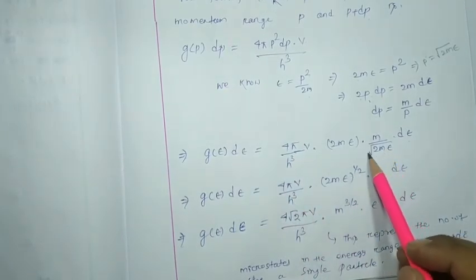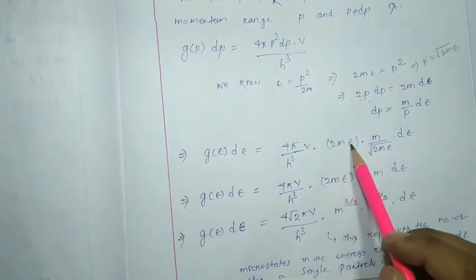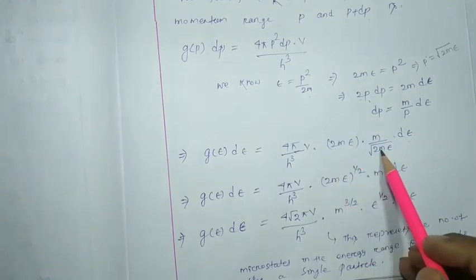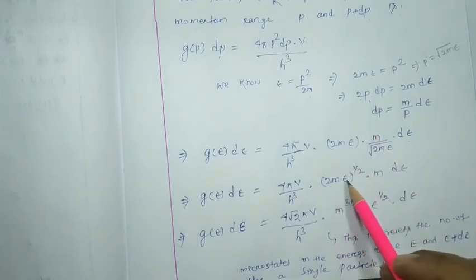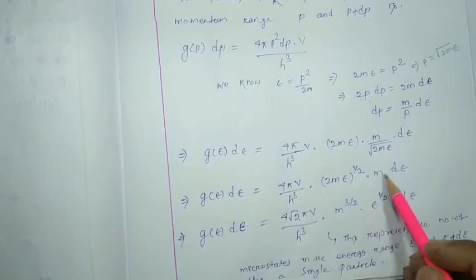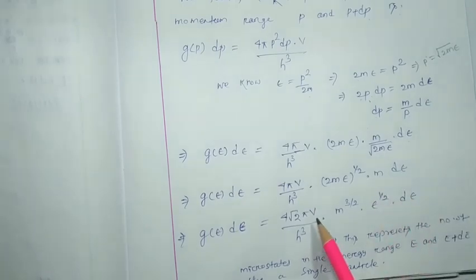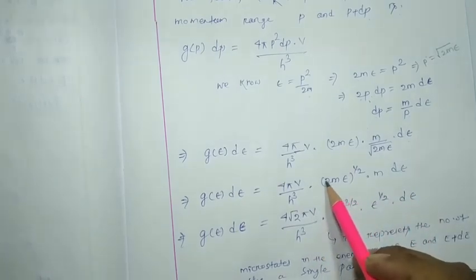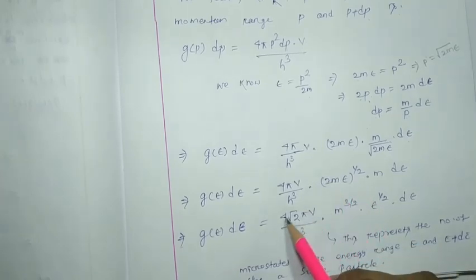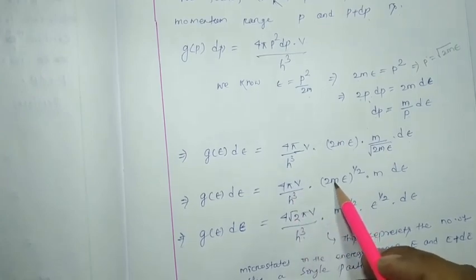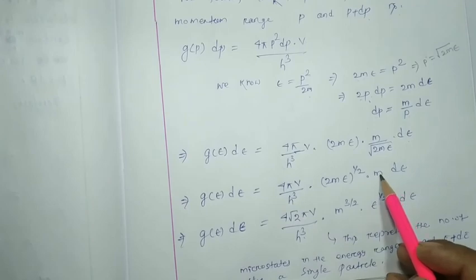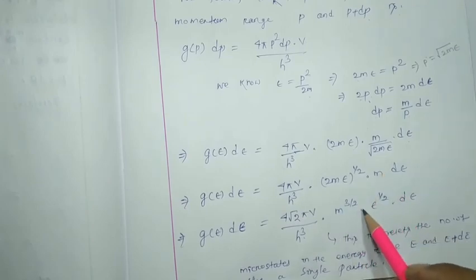Here you can see this is 2m epsilon to the power 1, and here 2m epsilon to the power 1 by 2. If it is moved to the numerator, then we find 2m epsilon to the power 1 by 2 only, into m d epsilon. Here this 2, if moved outside from the bracket, gives 4 root 2 pi V by h cube, with m to the power 3 by 2 into epsilon to the power 1 by 2 dE.